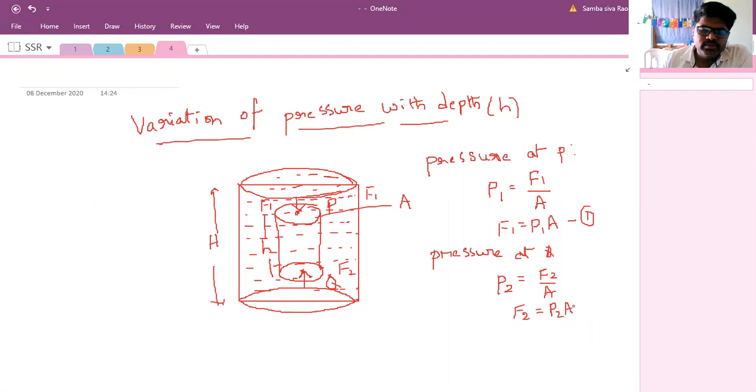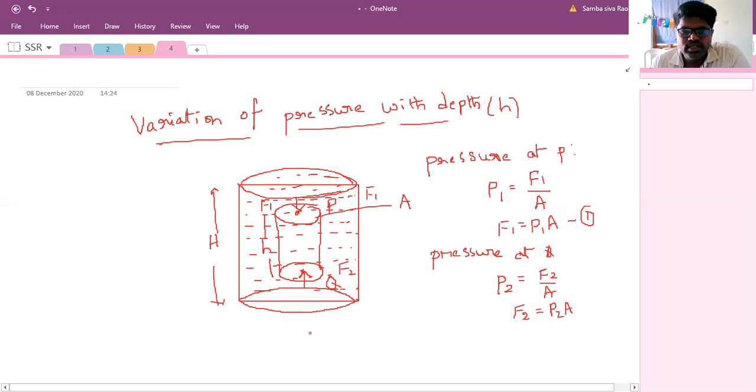Now at equilibrium, suppose this imaginary liquid column is at rest. Then the force acting downward is equal to the force acting upward. So other than these two forces, is any other force acting? Can anybody guess any other force acting on this cylindrical column?